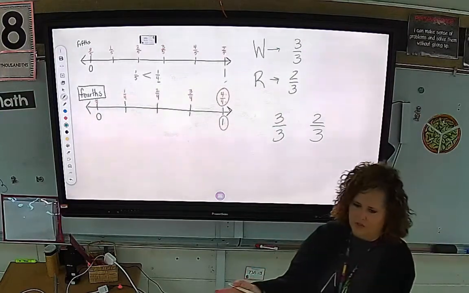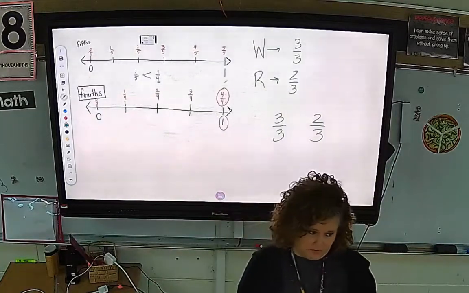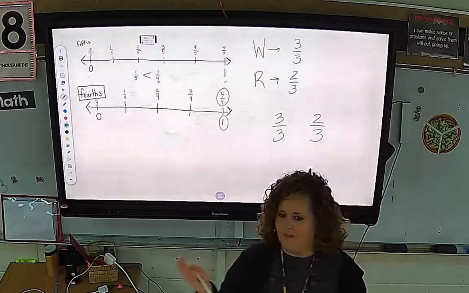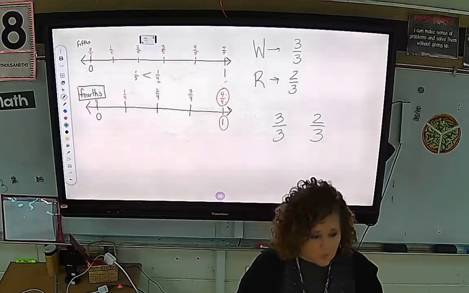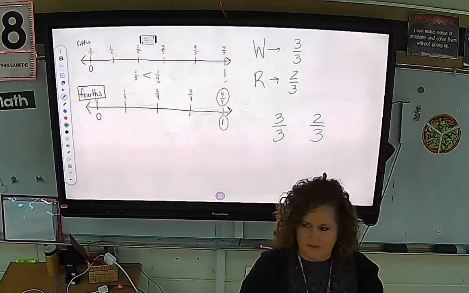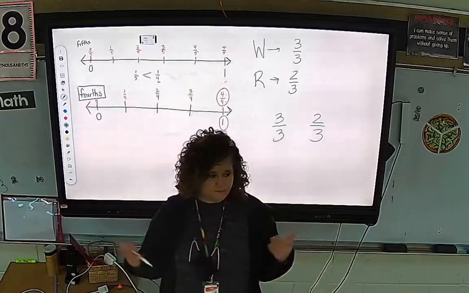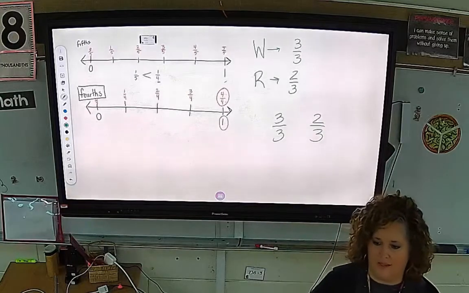Here's 2 fractions. Could be any 2 fractions. Which one's larger? Which one's smaller? Or could they be equal? We're going to have a whole section on what we call equivalent fractions. Equivalent means equal. This will come on down the line, because sometimes a fraction has more than one name.